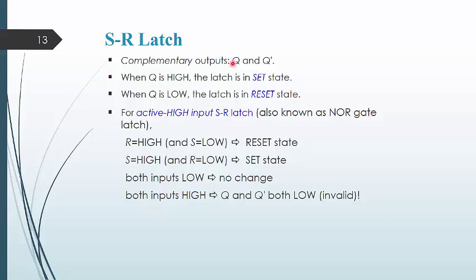For that case, if the R input is high, but along with that the S input is low, only if both of these are satisfied will the latch be in the reset state. On the contrary, if the S input is high and the R input is low, the latch will be in the set state.